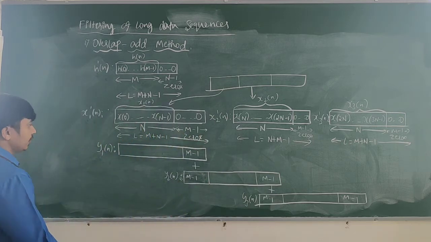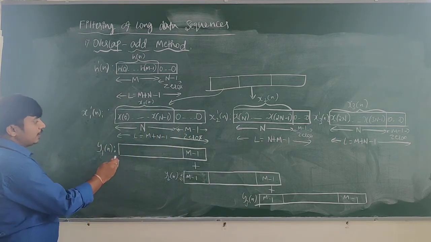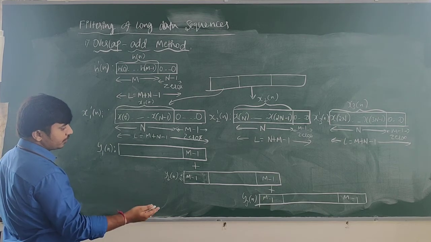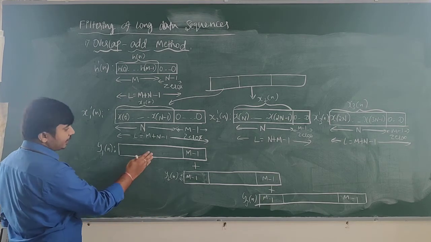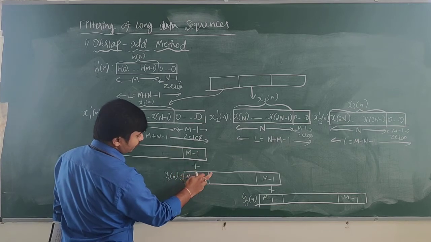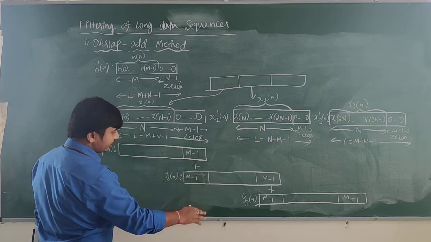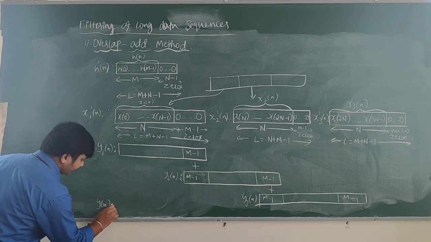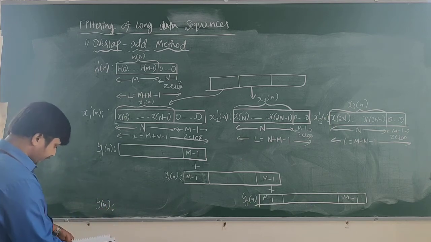Now finally, for the final output I will combine all these results, that is y1 of n, y2 of n and y3 of n. After adding y1 of n plus y2 of n plus y3 of n in this manner, I will get the final output y of n.